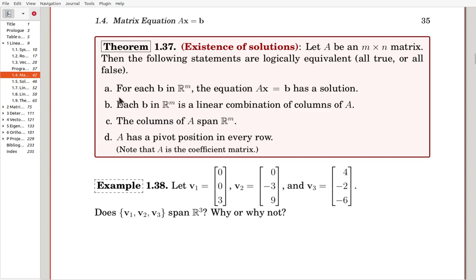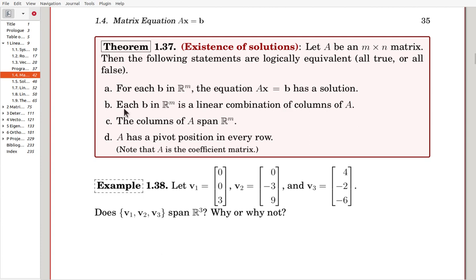Let's see here. For each B in Rm, for every choice of B in Rm, the equation has a solution. So this is a condition for A, the given matrix, and AX equals B has a solution for every choice of B.